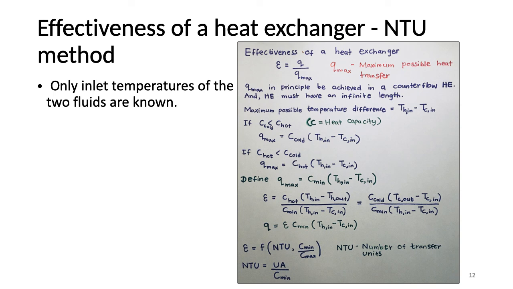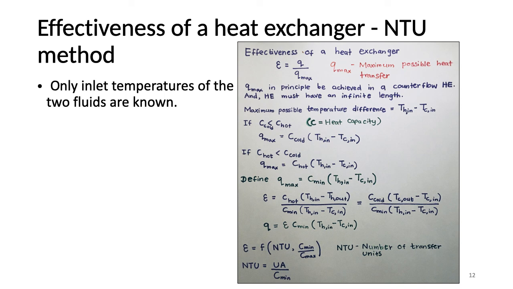The effectiveness of a heat exchanger can be written as a function of NTU and C min over C max. NTU is the number of transfer units, and C min over C max could be either Cc divided by Ch or Ch over Cc.